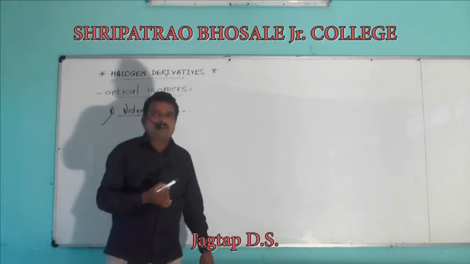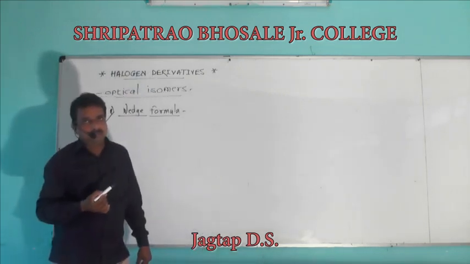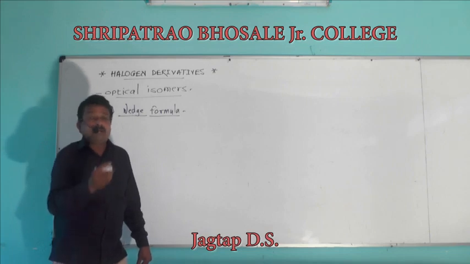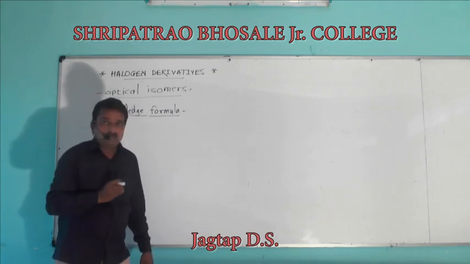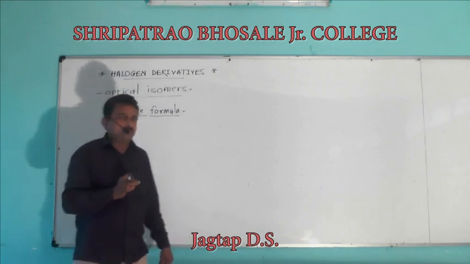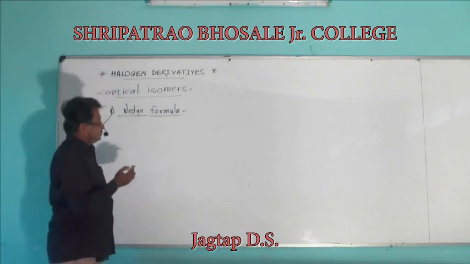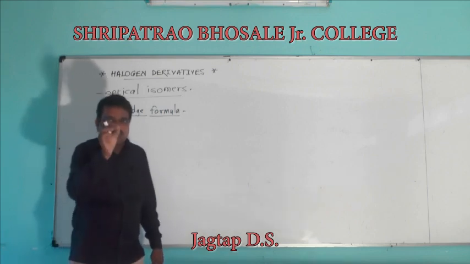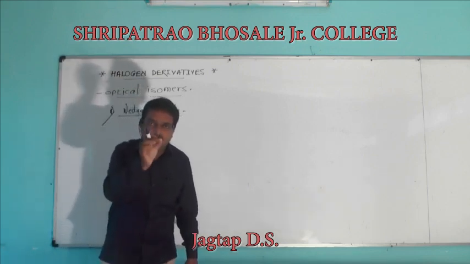Wedge formula is represented on the plane of paper by representing the single bonds by using a solid wedge, dotted wedge, and the normal lines.